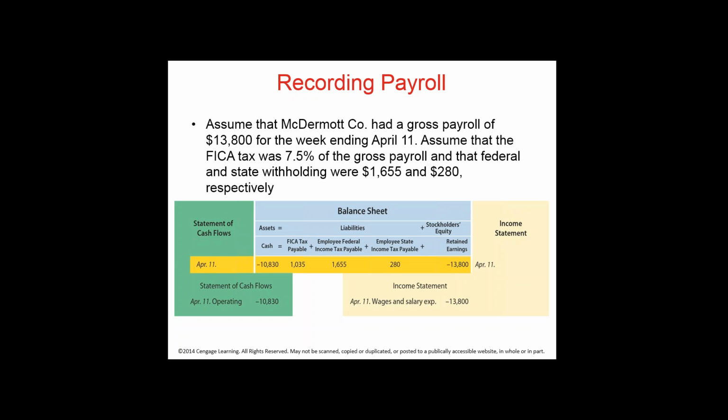We deduct that from the $13,800. We deduct the $1,655 and the $280 to determine that our net pay is the $10,830. And then you will see there the accounting entry to enter this information in our books.